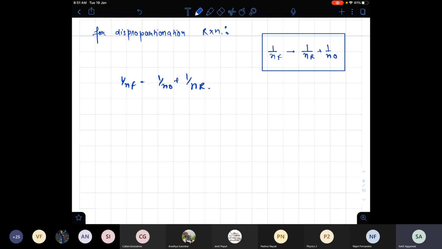For example, do we have oxidation and reduction both?